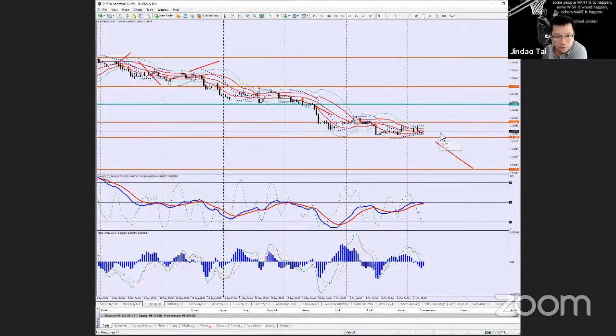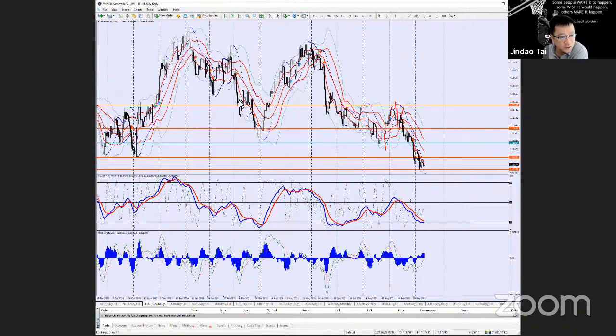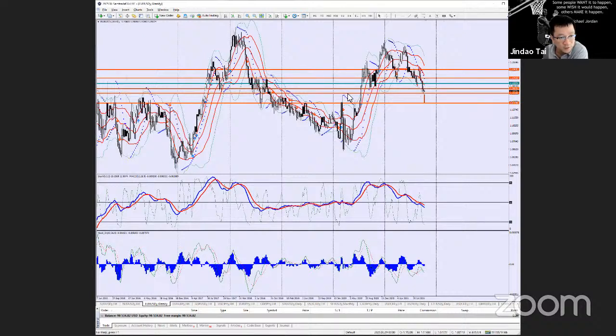Bear in mind, 1.1530 is a level, and now I'm going to show you on a daily time frame, that we haven't approached for a very long time. Even if I went to the weekly time frame, the last time we came close was back in May last year. So last time we broke above this level was May last year. Last time we rejected was in March last year.